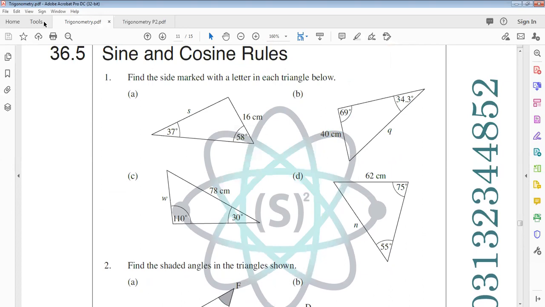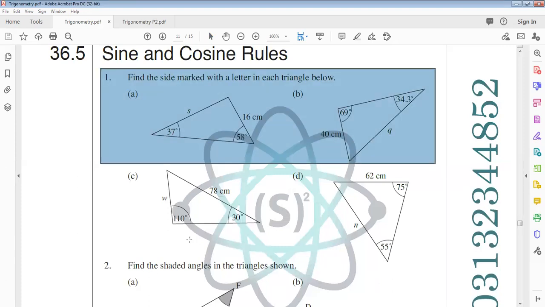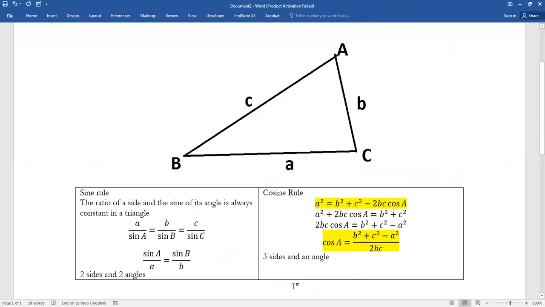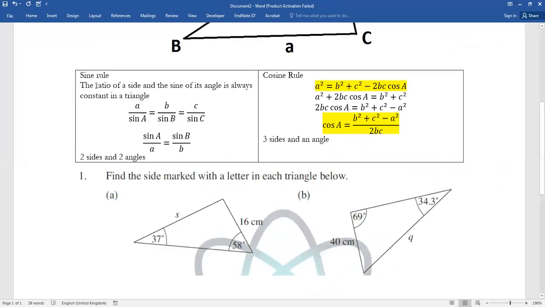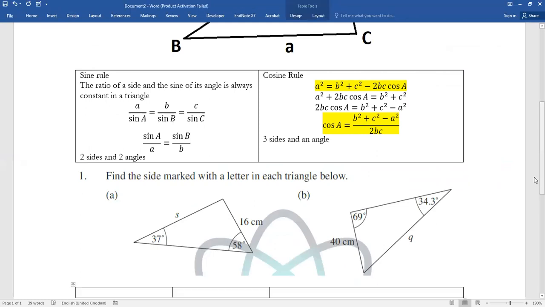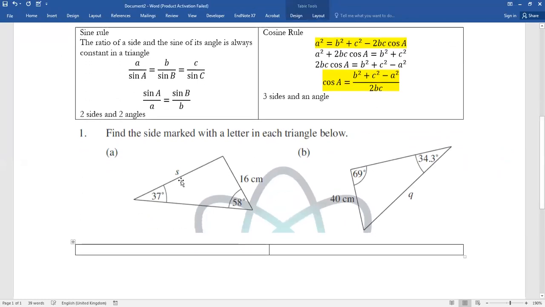Now let's try to attempt a few questions and then we'll move on to the area as well. Okay, class. Now the question is asking us to find the unknown side. Again, how do we check for it?